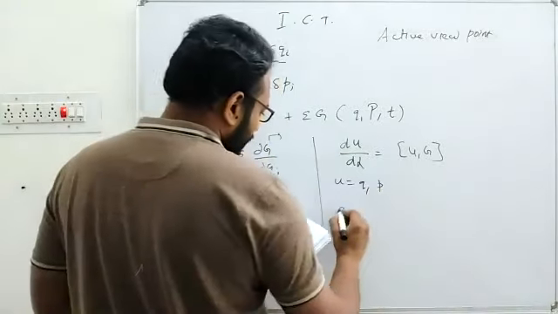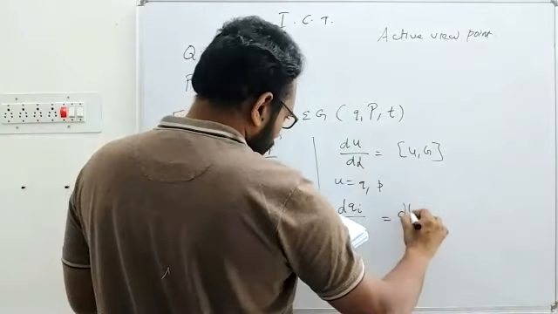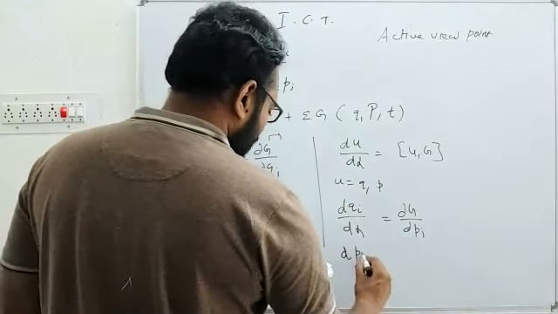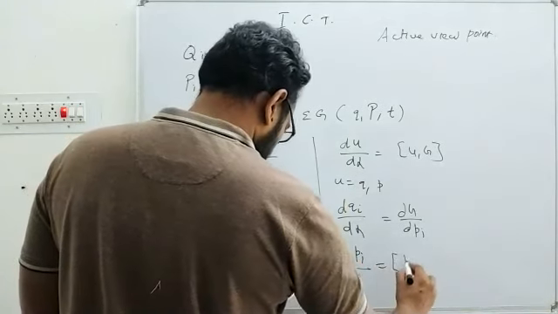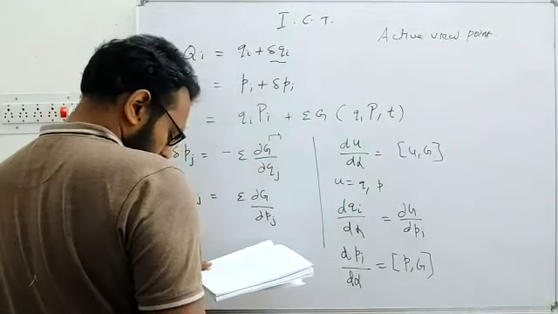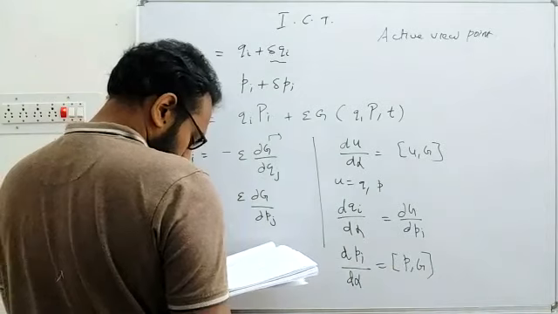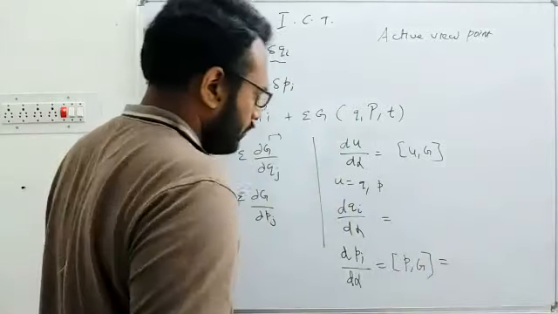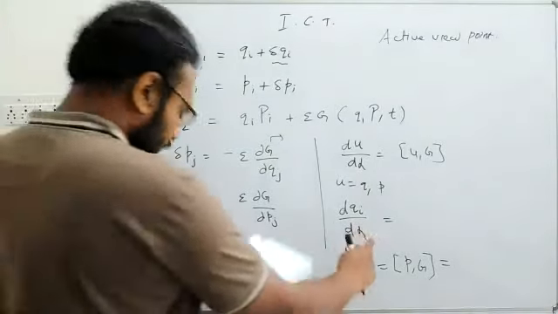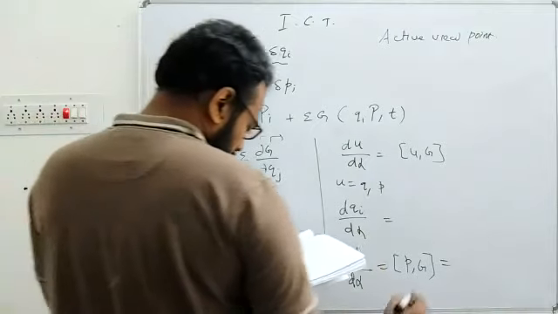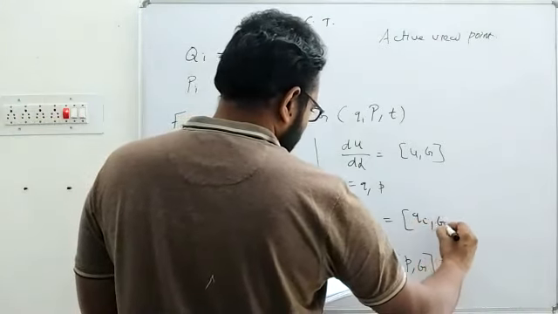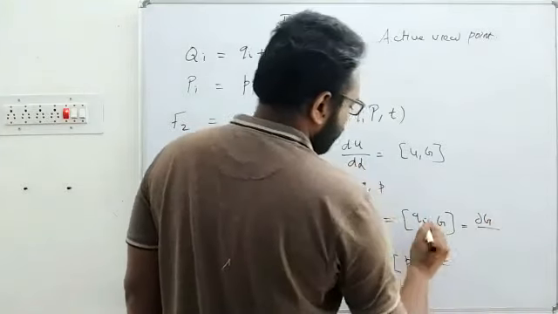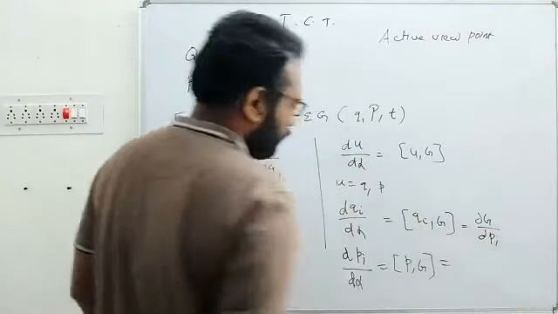If U is Q and P, then taking Q first, dq by d alpha is equal to q with g, and we know that qi with g is usually written as dou g by dou pi.